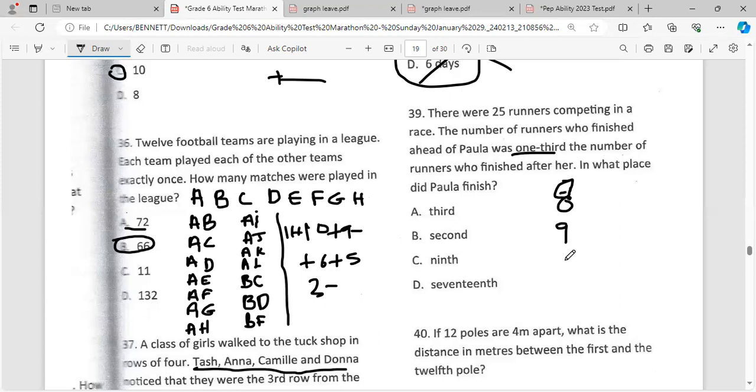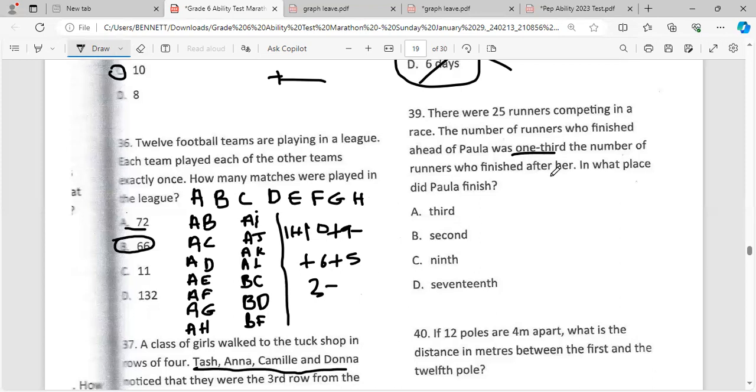Are they saying that 1/3 finished behind her? No, they say ahead of her. It's saying how many finished ahead of her and how many behind her. Let me tell you where I went wrong.